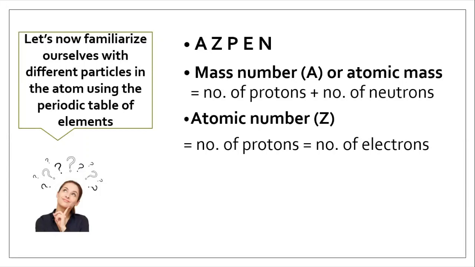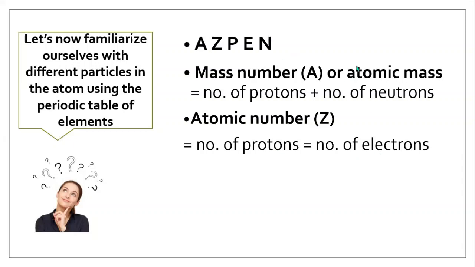So that's it. When we say AZPEN, A stands for the atomic mass, or what we call the mass number. Z stands for the atomic number. PE stands for protons and electrons. What is now letter N?